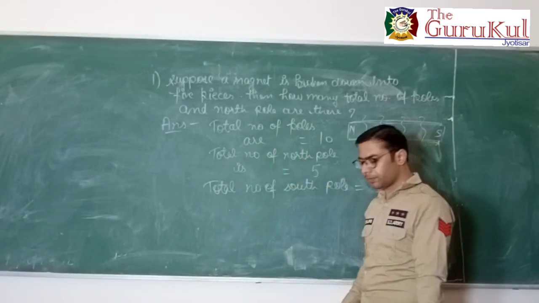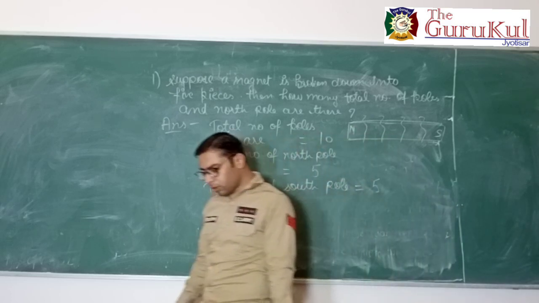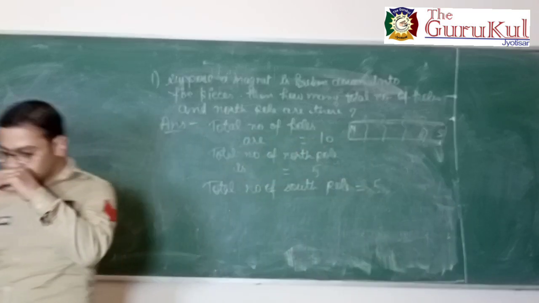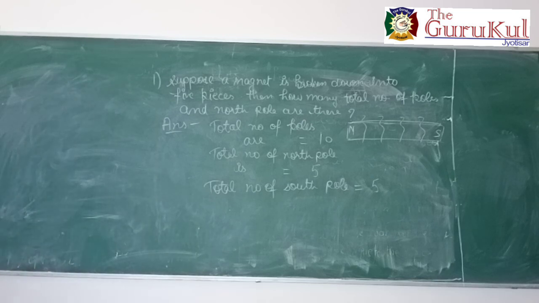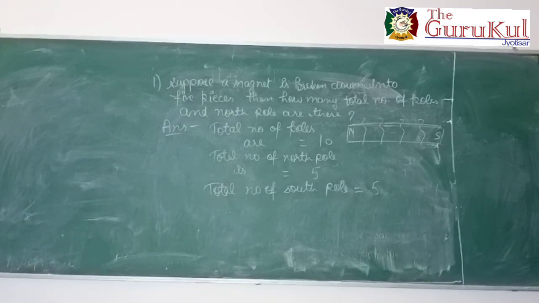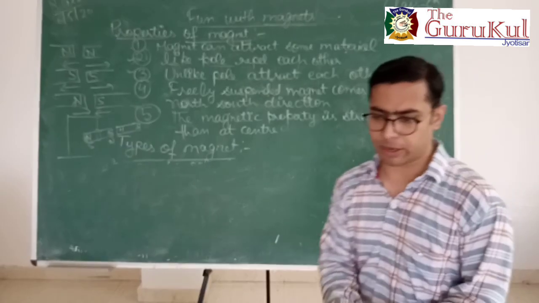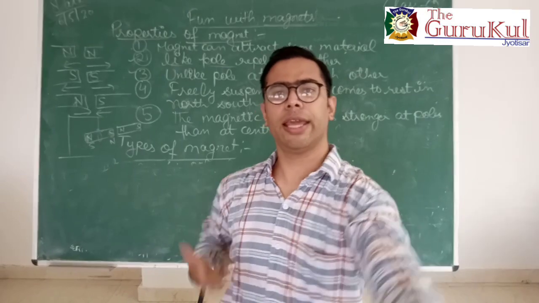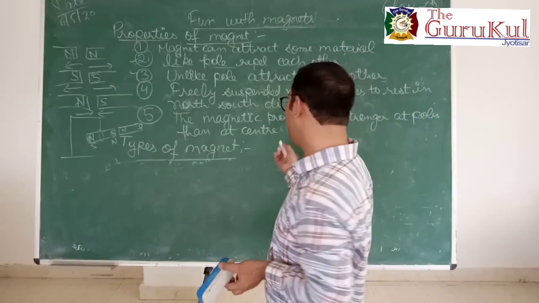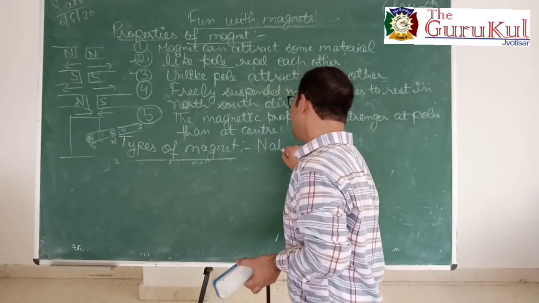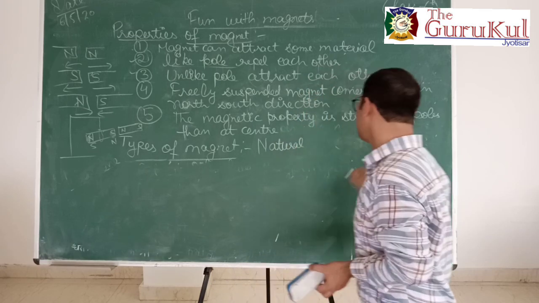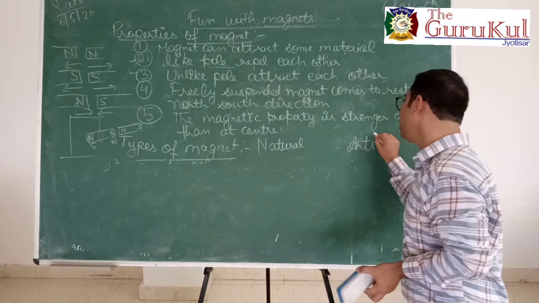Now students, types of magnet. There are 2 types of magnet. One is natural magnet, another one is artificial magnet.